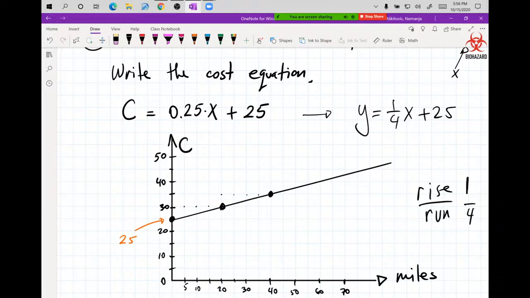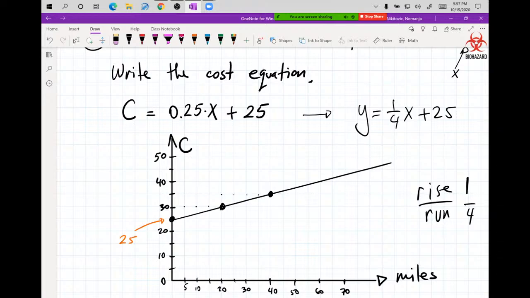Sometimes when you work for a company, they will tell you your budget for this trip is going to be, let's say, $45. And you go to the rental company to rent a car, and you have $45 to rent a car.